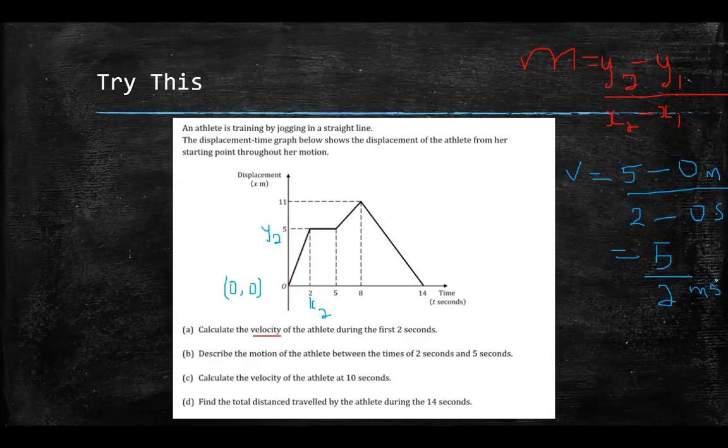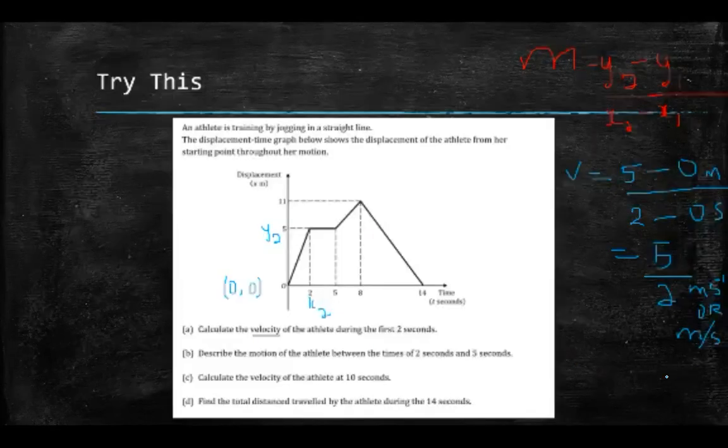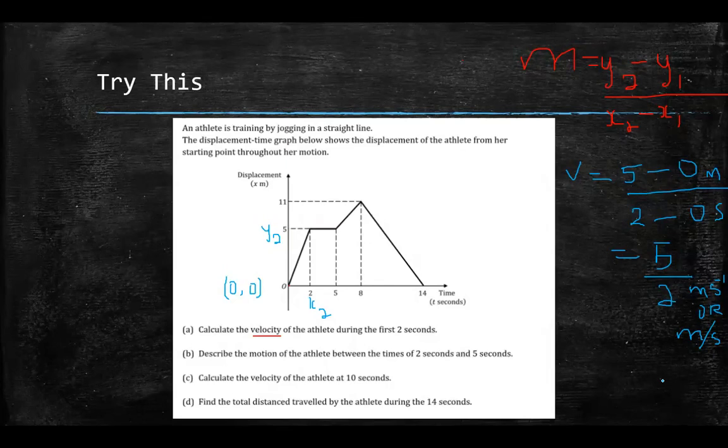Remember, you could write the unit like this, or some people write the unit with a slash. So you could use 2.5 meters per second. You don't have to leave it as a fraction because it's an exact decimal.